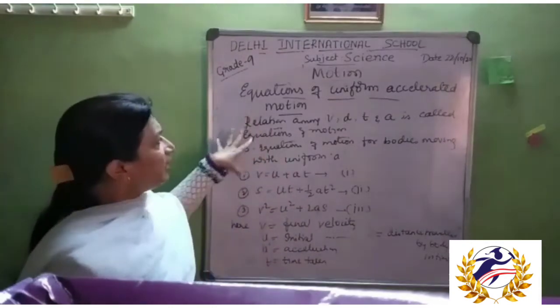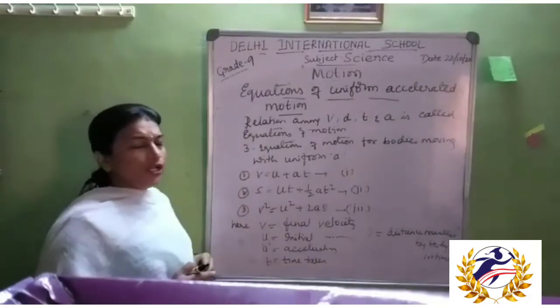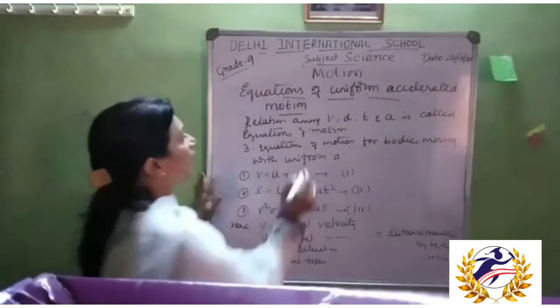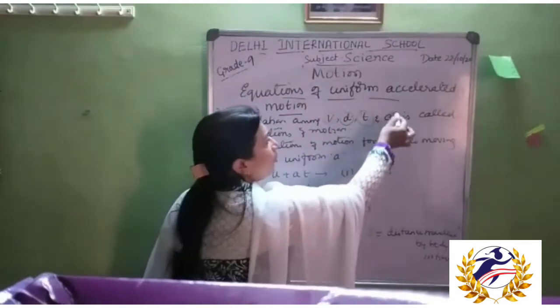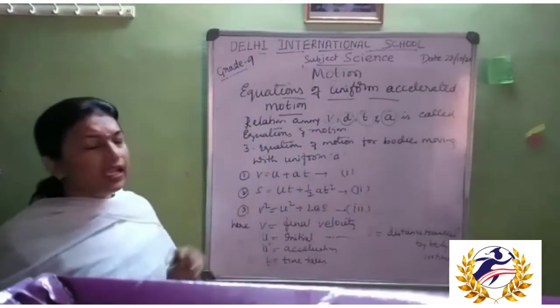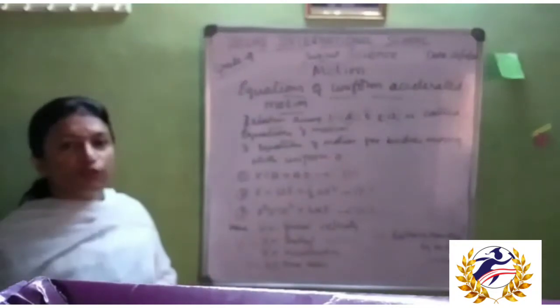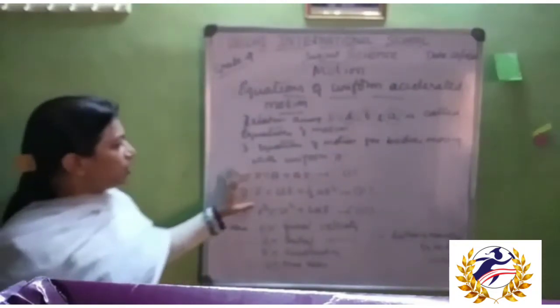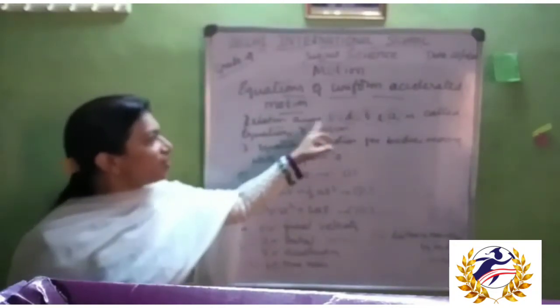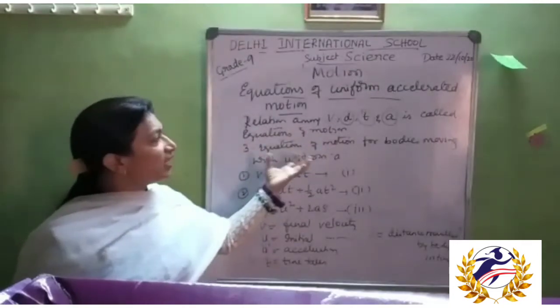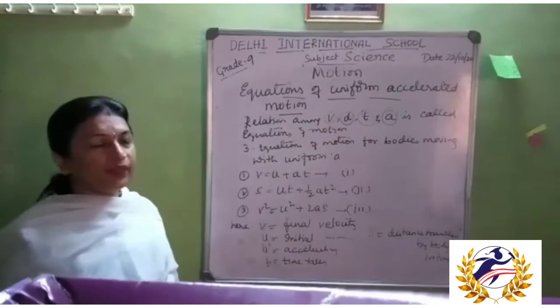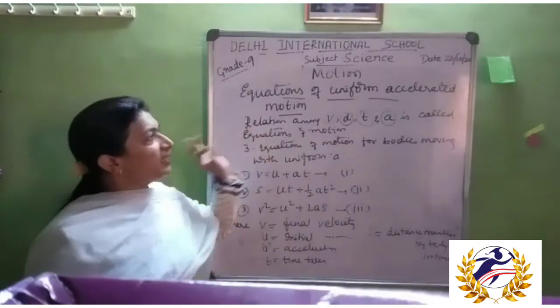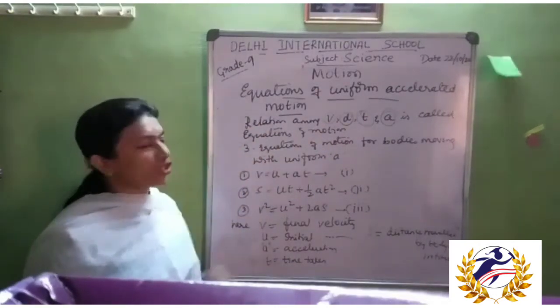There are different equations of motion, giving the relation among velocity, distance, time and acceleration. These equations tell us about the relation between velocity, distance, time and acceleration, and that too particularly for uniformly accelerated motion.